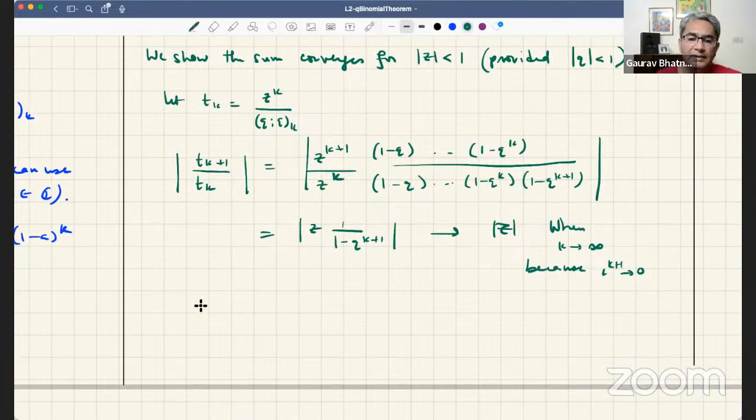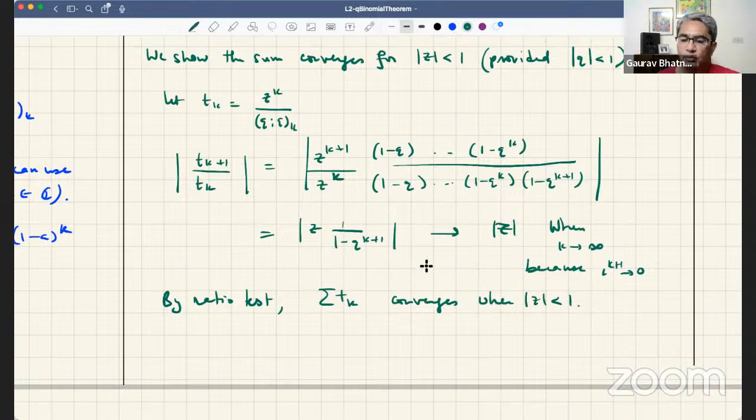So by the ratio test, the series t_k converges when absolute value of z is less than 1.